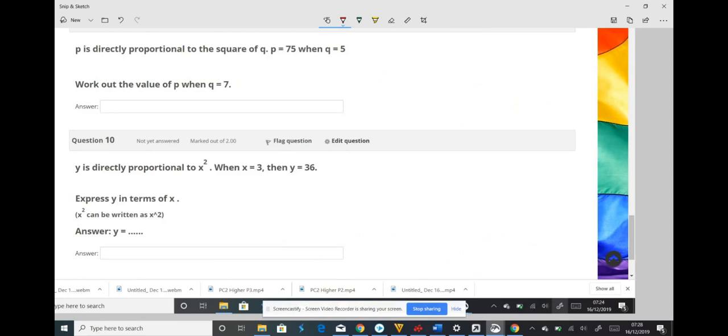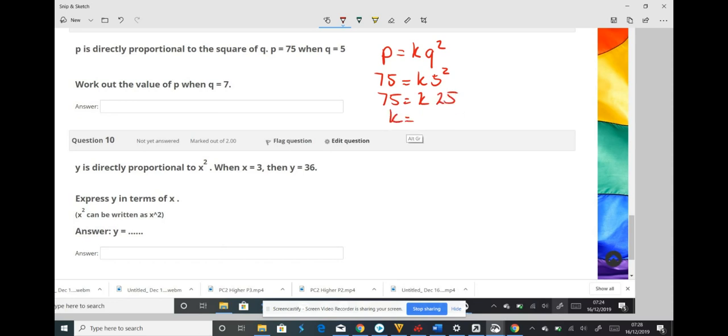Question number 9. P is directly proportional to the square of q. So we can write this as P is equal to k times q squared. P is equal to 75 when q is equal to 5. 75 is equal to k times 25.